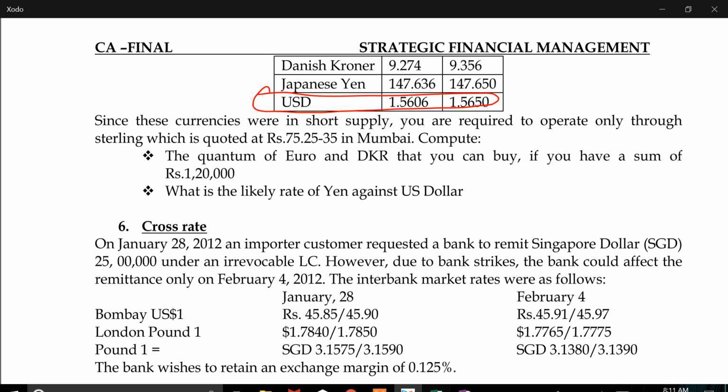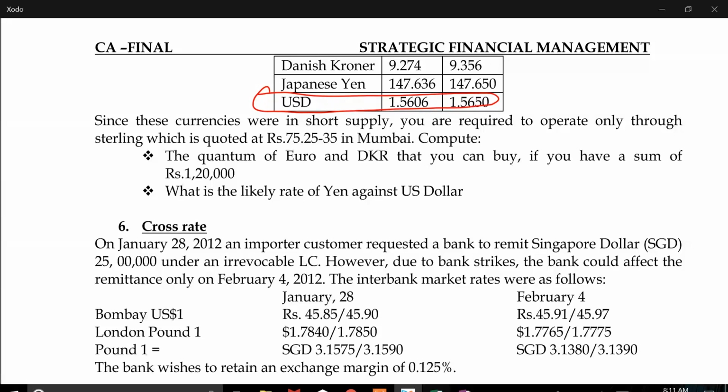So the first way is interpreting the quote. Now write point number 1. The given quotes are in London Forex market. Full stop.